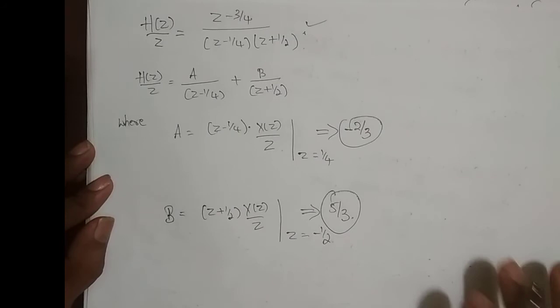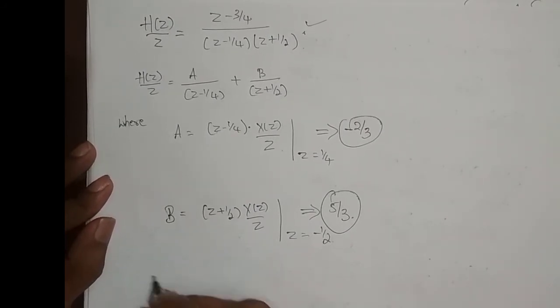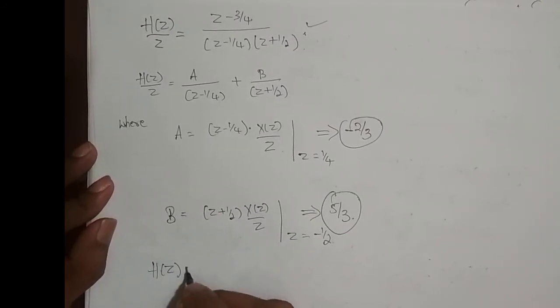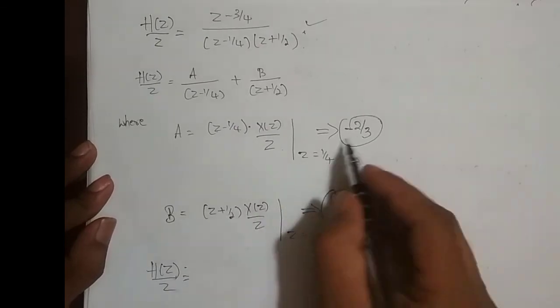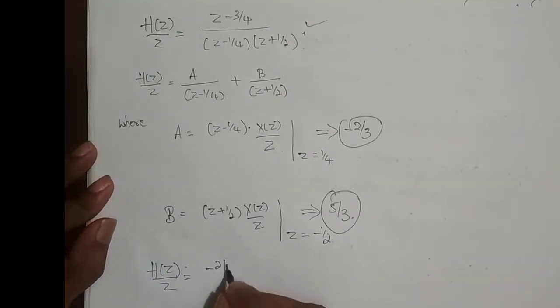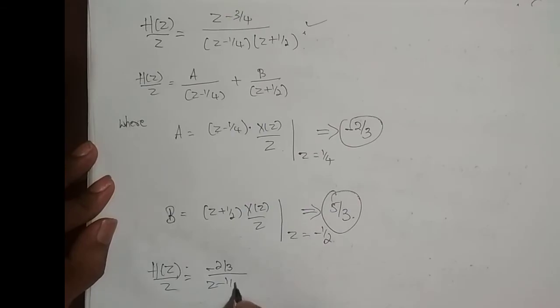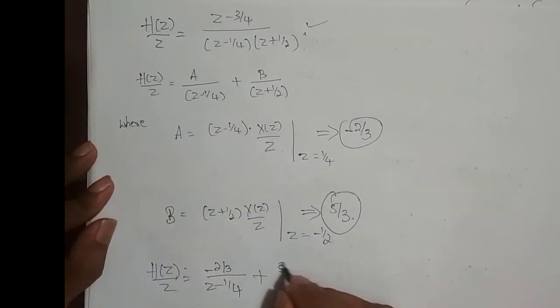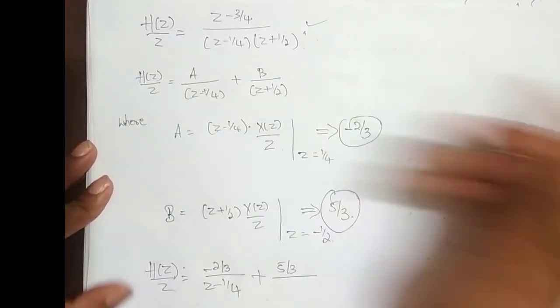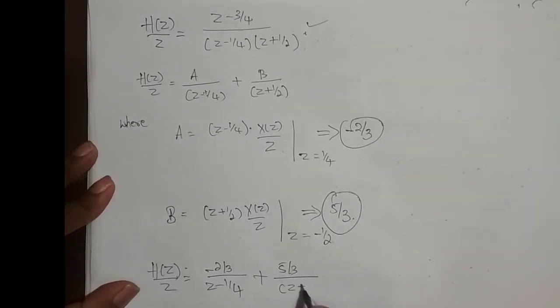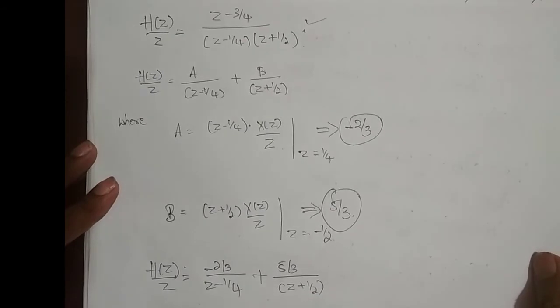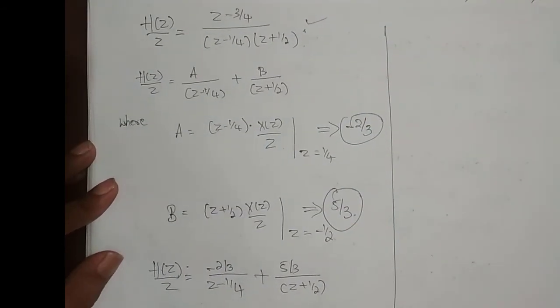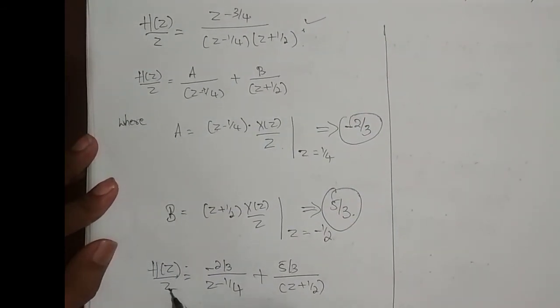Okay, fine. So what do we have now? H of z by z is equal to a, which is minus 2 by 3, divided by z minus 1 by 4, as per this formula, plus b, which is 5 by 3, divided by z plus 1 by 2. Correct now? Fine. Now I'll bring this z to the right hand side.